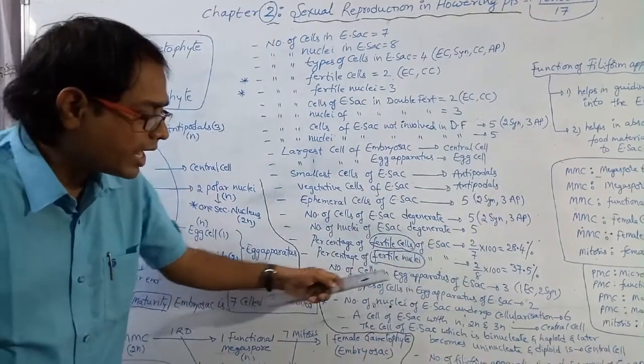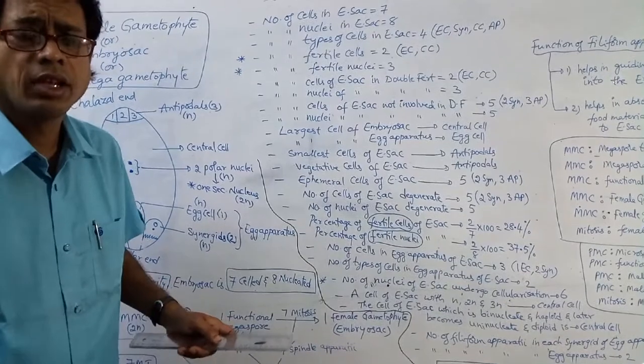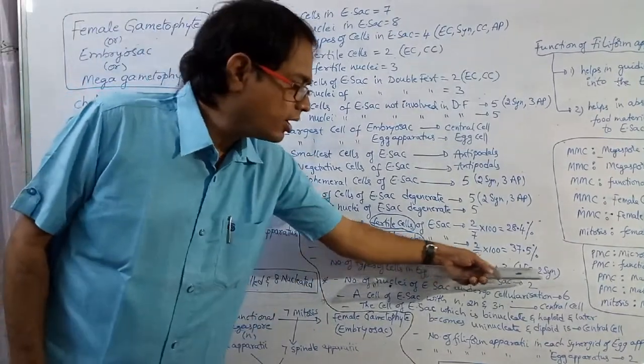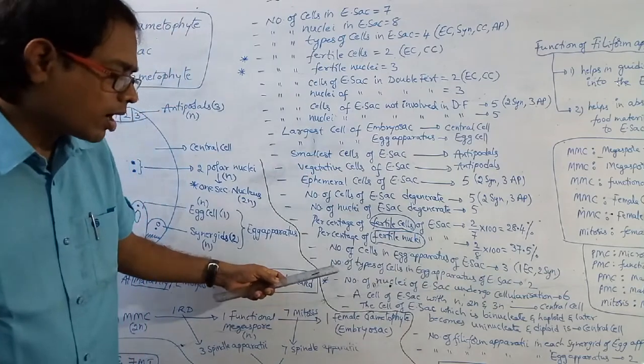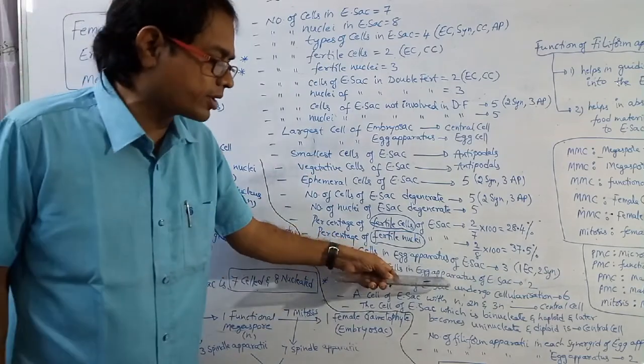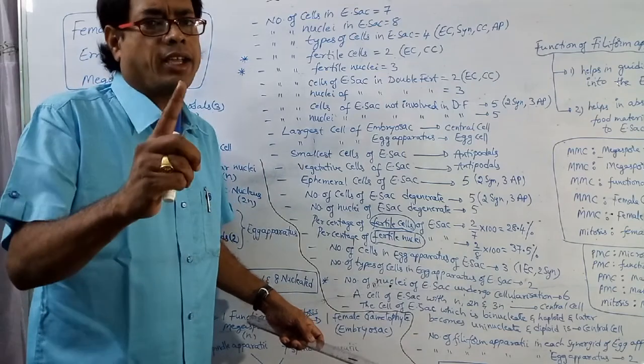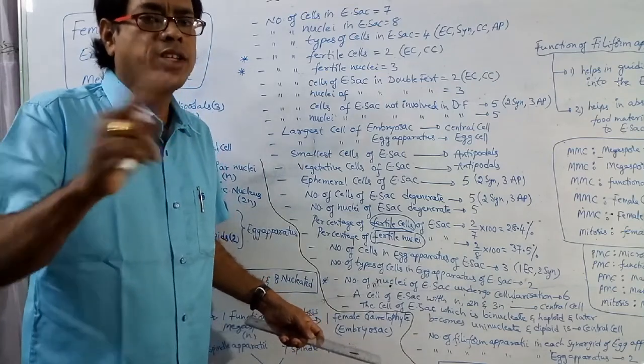Number of cells in egg apparatus of embryo sac: 3, 1 egg cell and 2 synergids. Number of types of cells in egg apparatus: 2. Types means 1 egg cell, and synergids are 1 type.